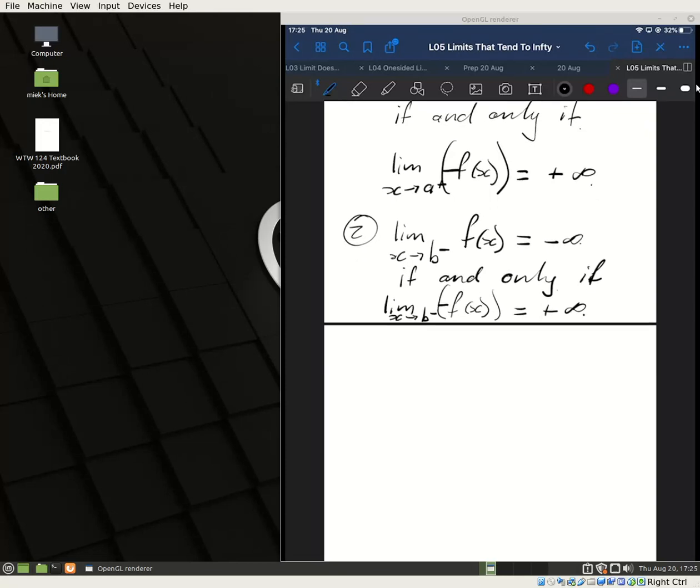And all that this theorem says is the same thing as we had in number 1 works for limits that tend to infinity on the left.